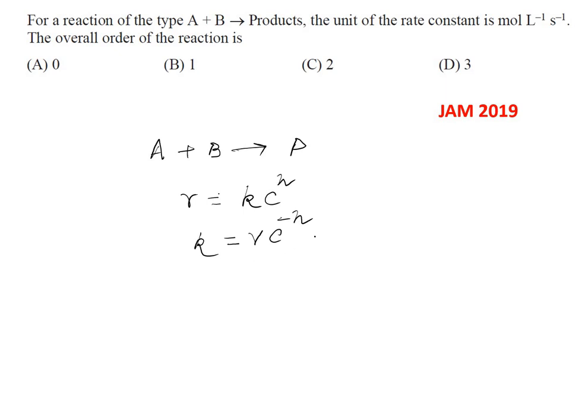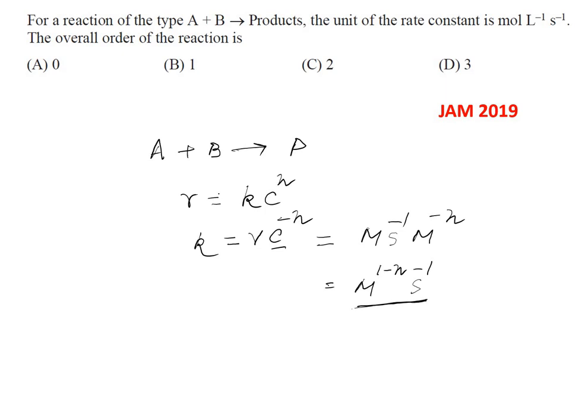Now rate is always M per time, and C is M to the power minus n. So it gives you M to the power 1 minus n. So this is the general expression for the unit of rate constant.